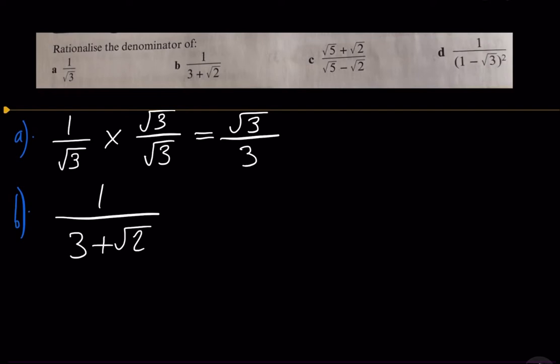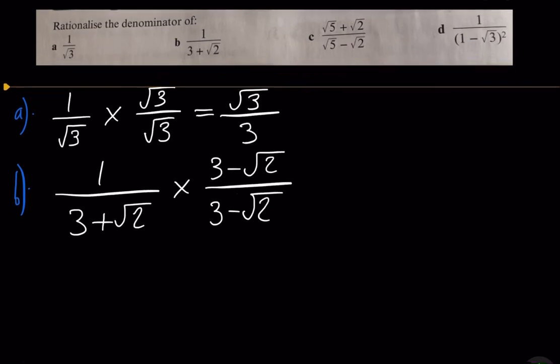And now for part B, we've got 1 over 3 plus root 2. This resembles the second case we looked at above, and in this case we've got 3 plus root 2 as the denominator, and the way to simplify this fraction would be to multiply the numerator and the denominator by the conjugate of 3 plus root 2, which is 3 minus root 2. 1 times 3 minus root 2, sorry, is 3 minus root 2.